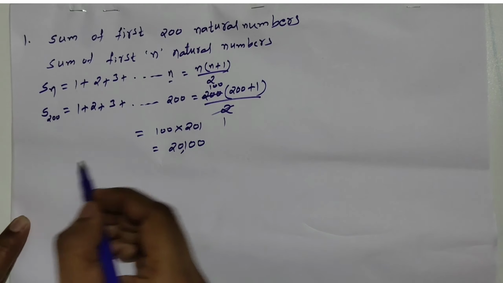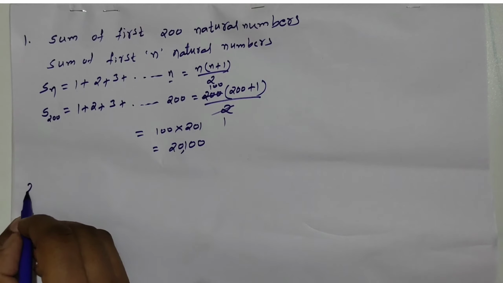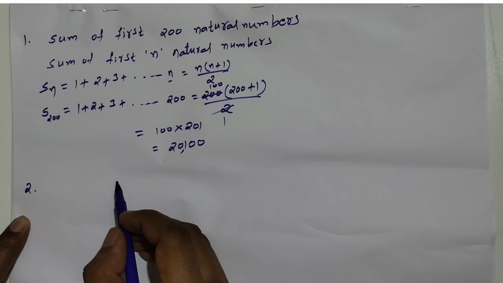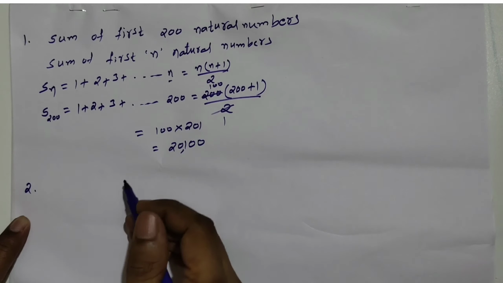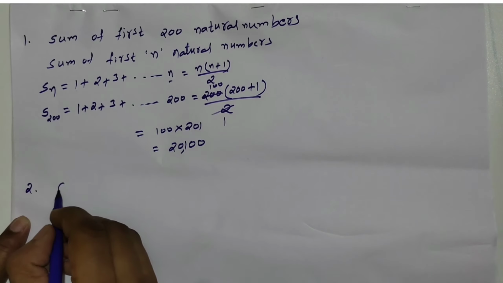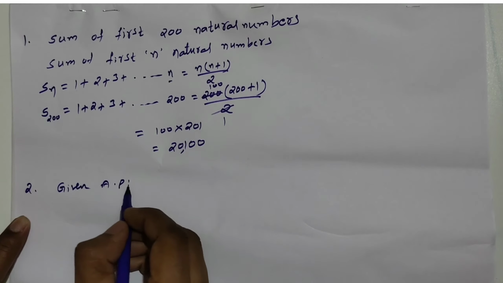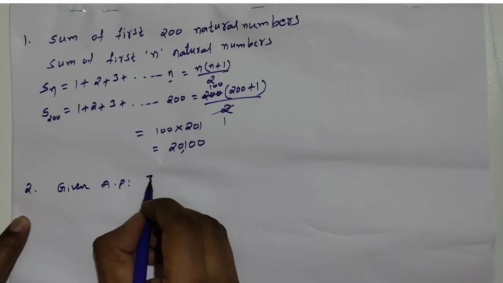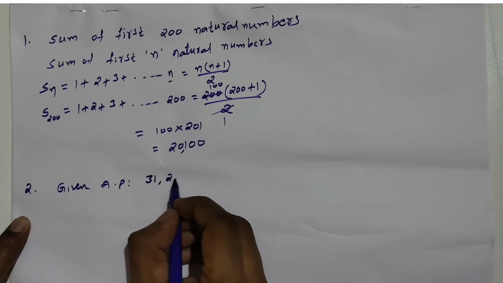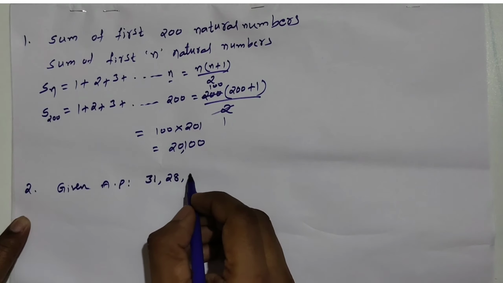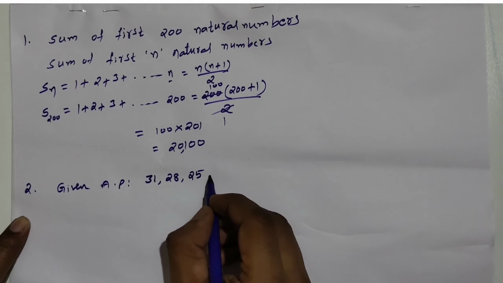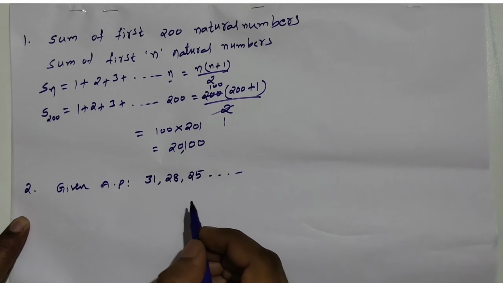Next, the second sum: is 0 a term of the arithmetic progression 31, 28, 25 and so on? Here the given AP is 31, 28, 25 and so on.